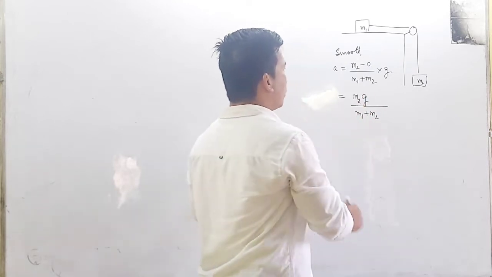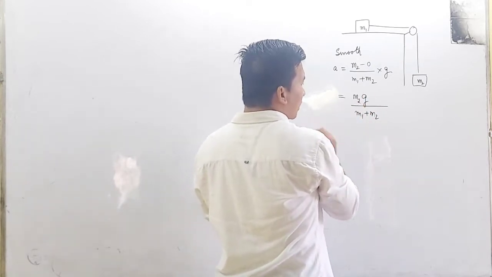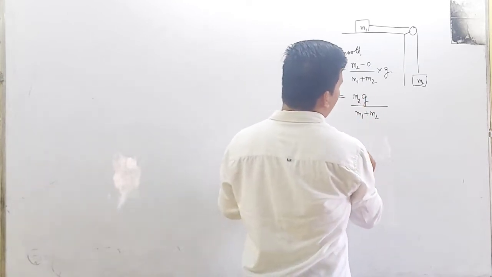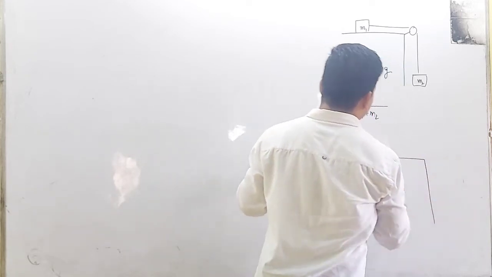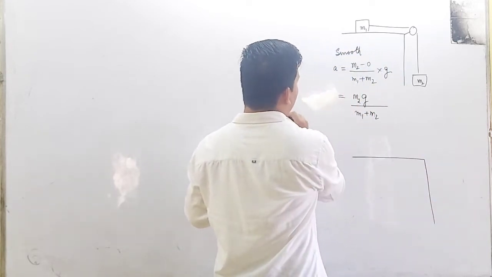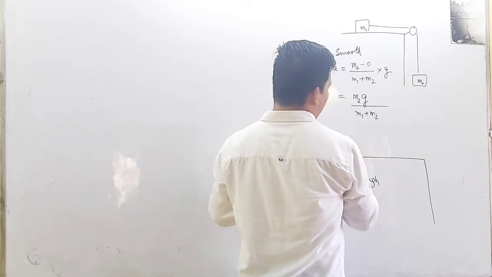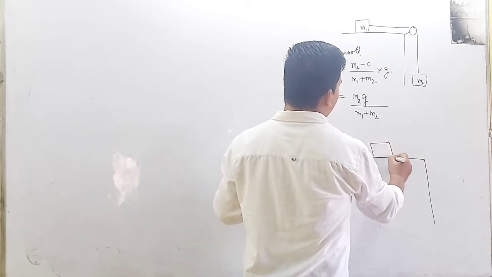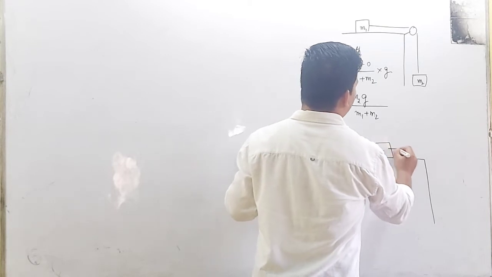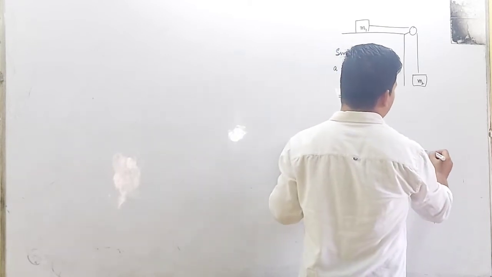Now let us extend our concept for a rough surface. This is for your rough surface. This is your m1, and here is the pulley system.